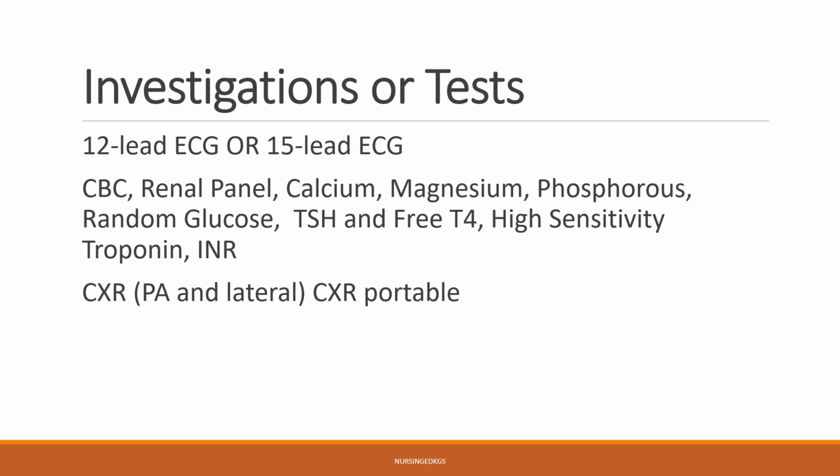As well as thyroid function tests. Even though hyperthyroidism is relatively common and treatable, it can cause AFib, and so doctors would routinely check thyroid function tests, including your thyroid stimulating hormone, your TSH, and your free thyroxine levels. The doctors will also order some kidney function tests.